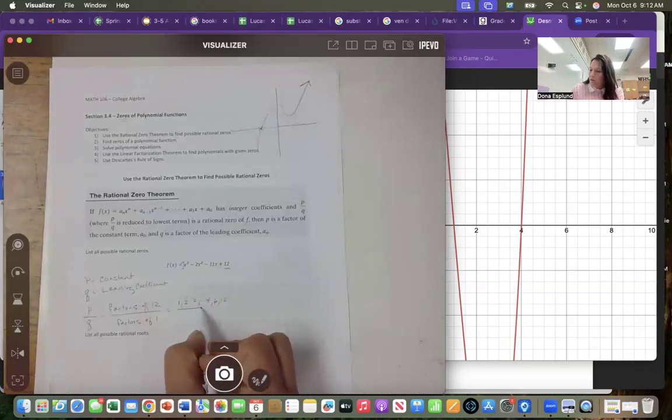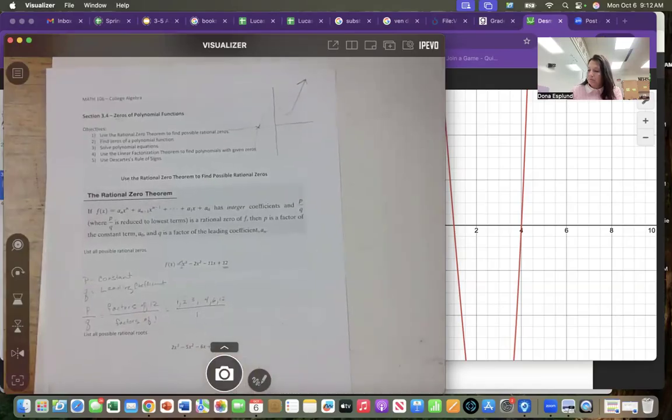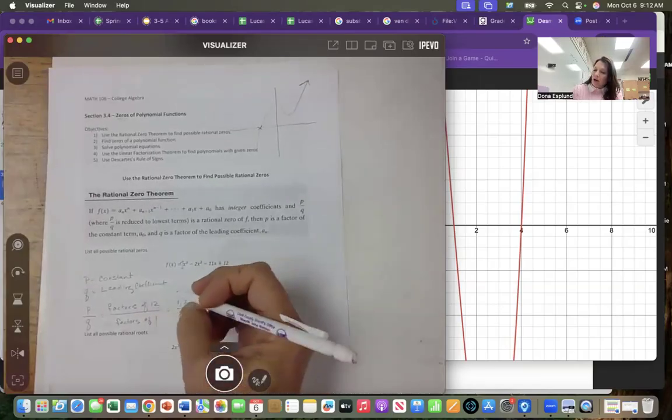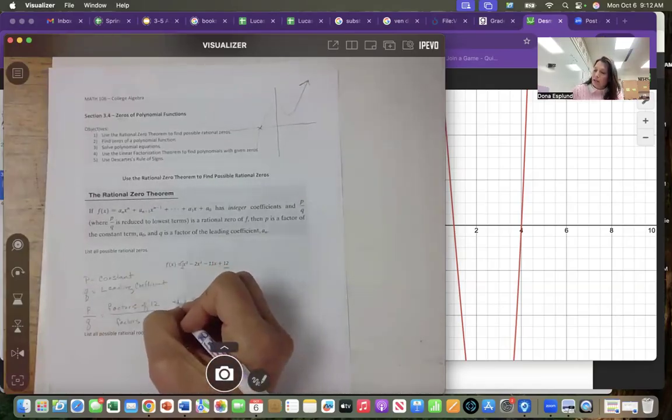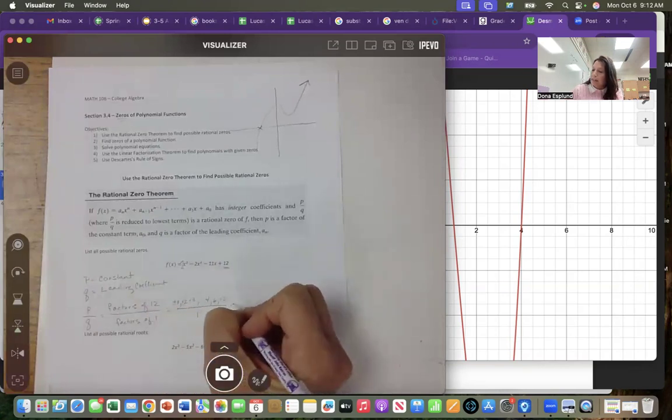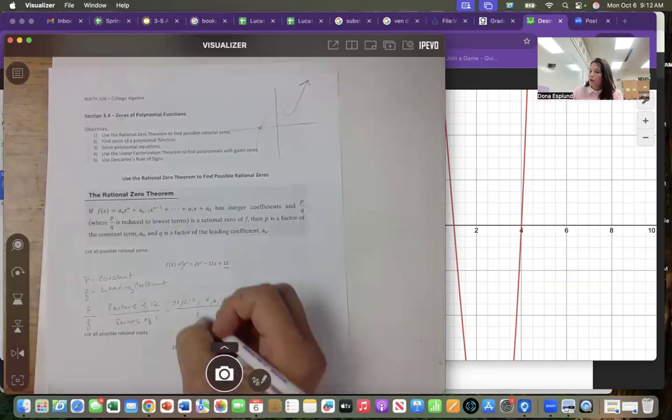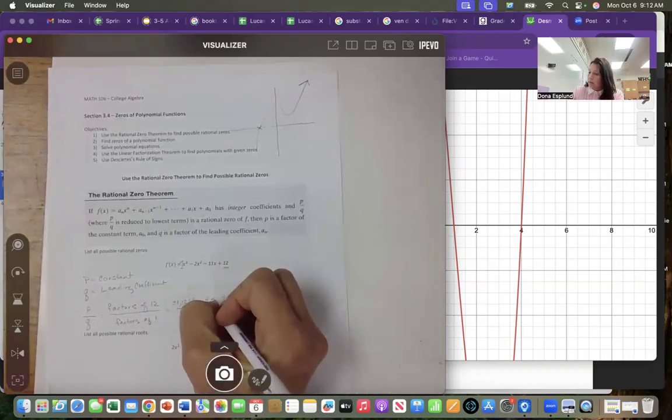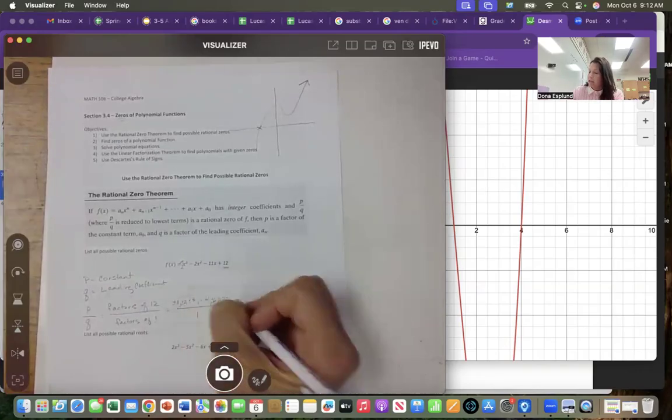So I'm going to have all of the factors of 12 divided by all the factors of 1. That's also just going to be, in this case, 1 itself. Now, all of these factors also could be a plus or a minus. So we're going to list all of those possible rational roots, plus and minus on all of these.